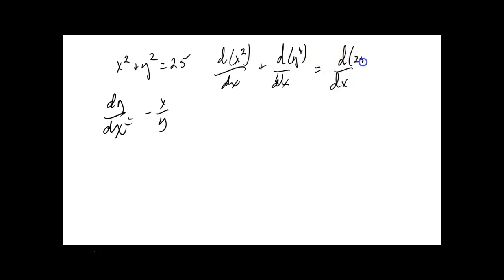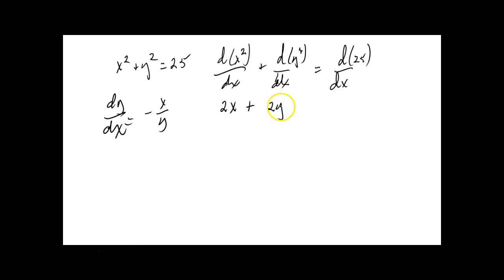But that's d by dx of y squared is equal to the derivative d by dx of 25, okay? So what is d by dx of x squared? 2x, okay? Plus d by dx of y squared. I'm giving you the answer. What is it? 2y, but there's a second part, isn't there?